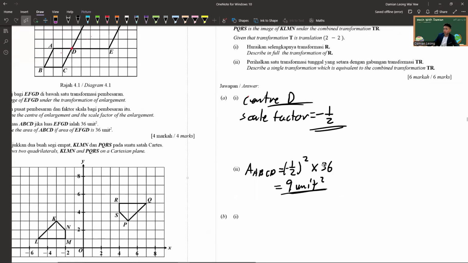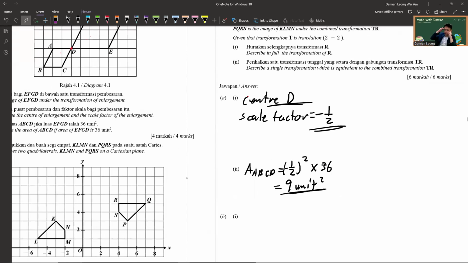T is translation to -2. Okay, so TR means R first and then T. So this is the image of this. So before the translation, to -2 means the opposite direction, 2 to the left, 2 up.